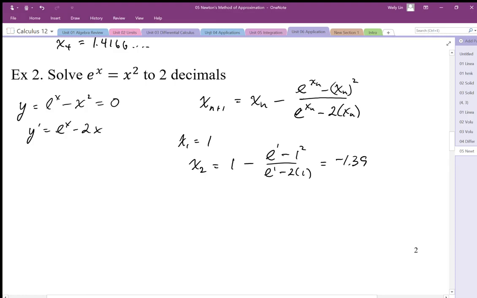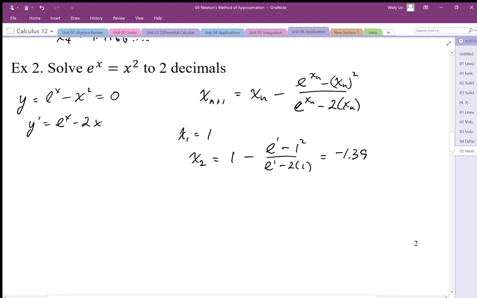Now, what I want to do is just reapply this. I've got this set up with my calculator, so to get 2 decimals of accuracy, I just keep reapplying this. I do once, twice, 3. After my 4th time, I've got my second decimal of accuracy. Now you don't necessarily want to do this over and over by hand. You want to be able to set it up in a calculator so that you can get the calculator to do the work.